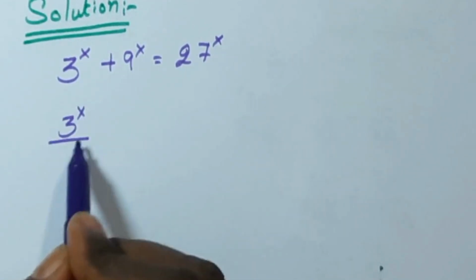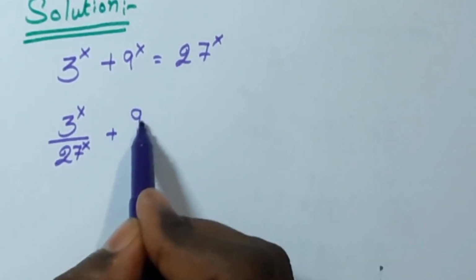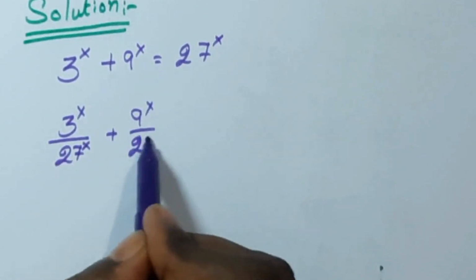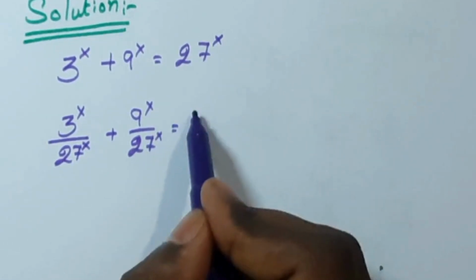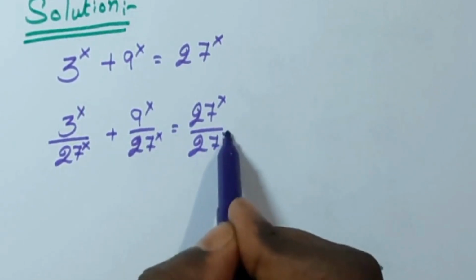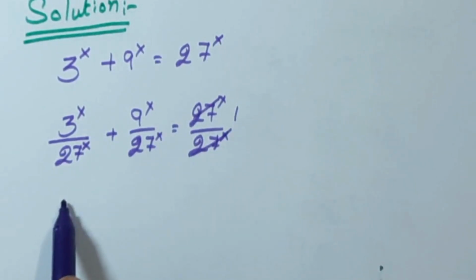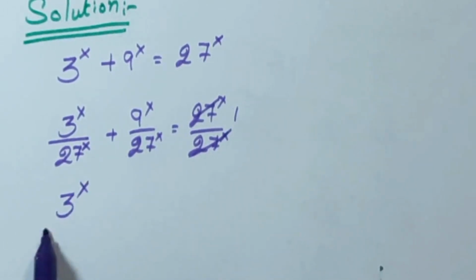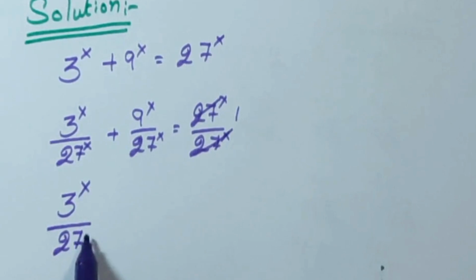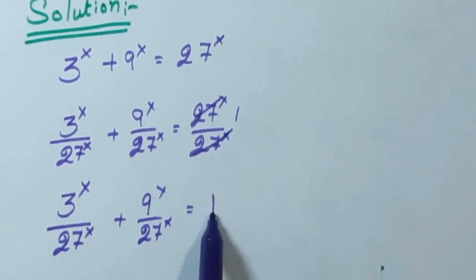3 power x by 27 power x plus 9 power x by 27 power x equal to 27 power x by 27 power x. This cancels this, so we have 1 here. So 3 power x by 27 power x plus 9 power x by 27 power x equal to 1.